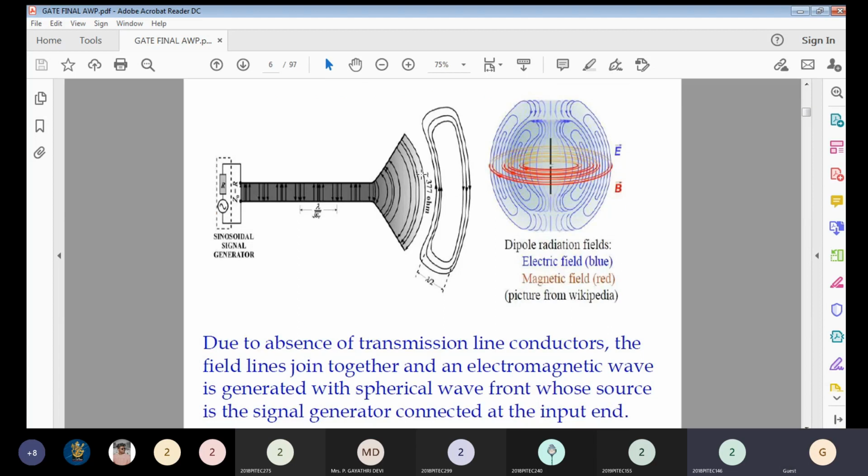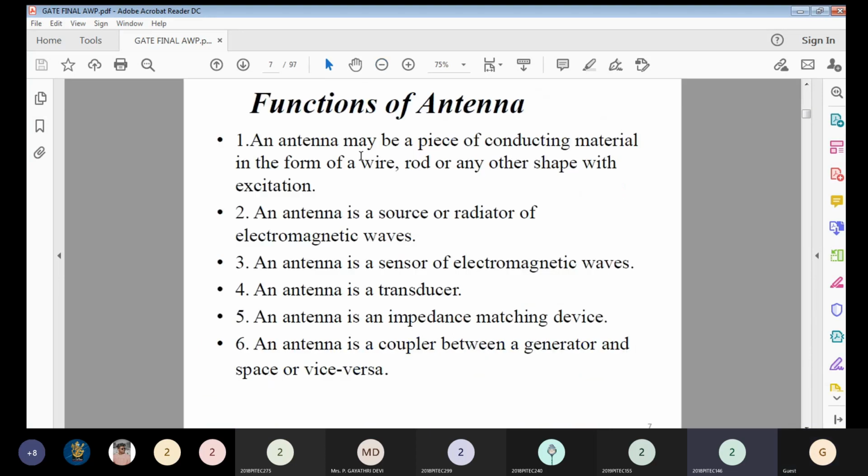The intrinsic impedance of free space is equal to 377 ohm, or 120 pi. They will frequently ask you this value. We also discussed the functions: radiator, sensor, transducer, impedance matching, and coupler device. What is a coupler?